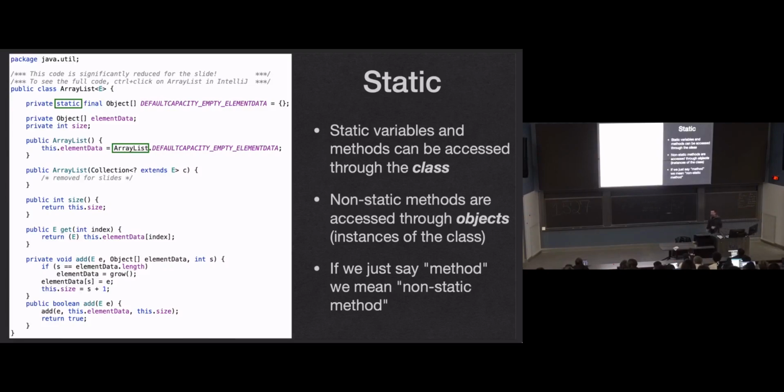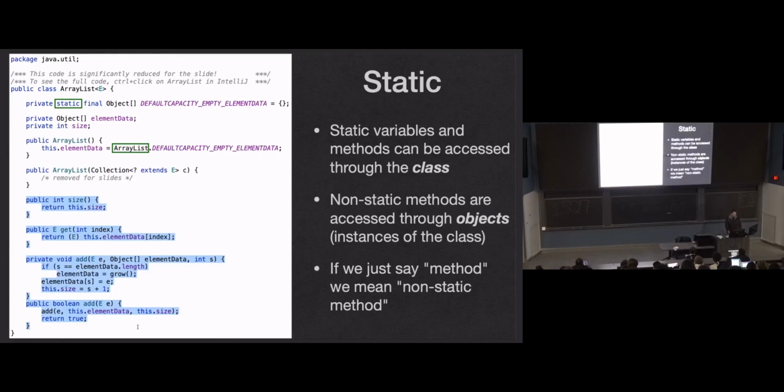Non-static belongs to objects. So when you say new ArrayList and you get a reference to an object on the heap, when you get a reference to an ArrayList, you can call all the non-static stuff. It has these non-static variables and all these, well, not really the constructors, and all these non-static methods.